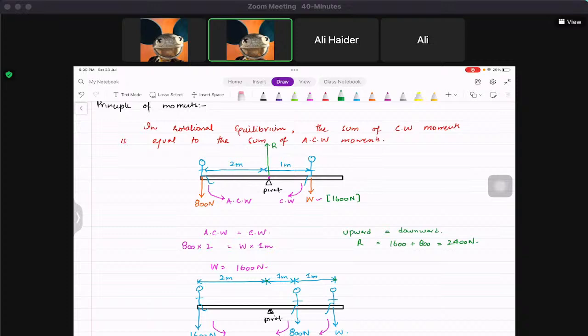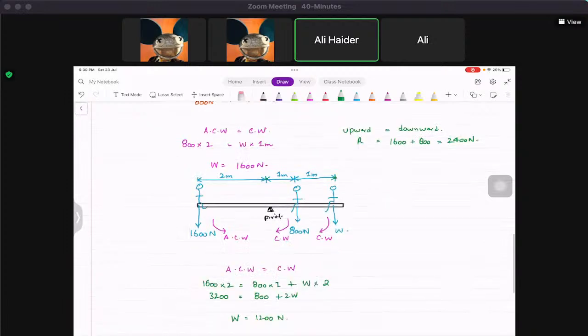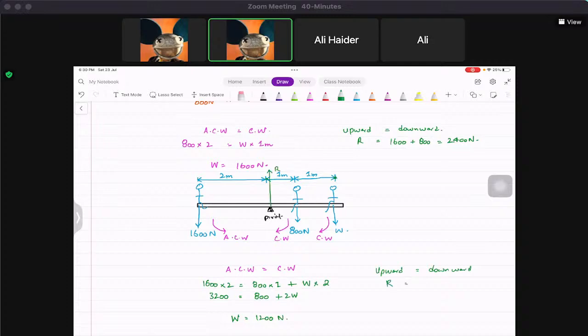Now, about this one, if we do upward equals downward, there is a force on this as well, which is R. Now the downward forces are 1600 plus 800 plus 1200. So the total would be 3600. Is it clear?